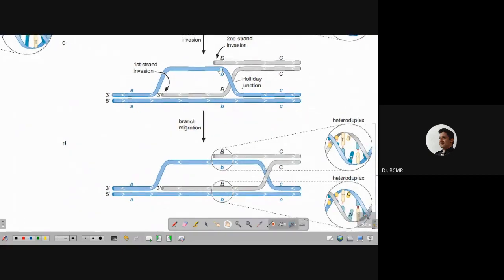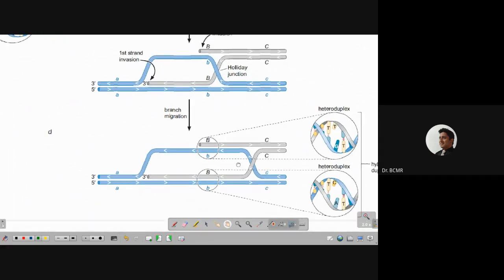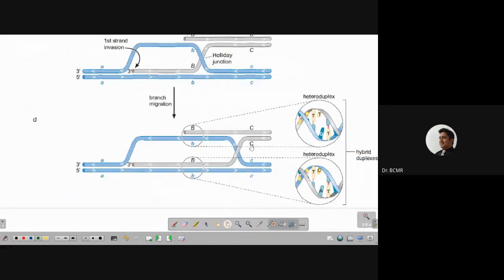So the strands have been exchanged. Capital B is base paired with small b here, and capital B here is base paired with a small b. Now what is happening in those sequences? You see here, TTA was the sequence for capital B. And what is with the small b? It is AGT. There is a mismatch between these two, right?